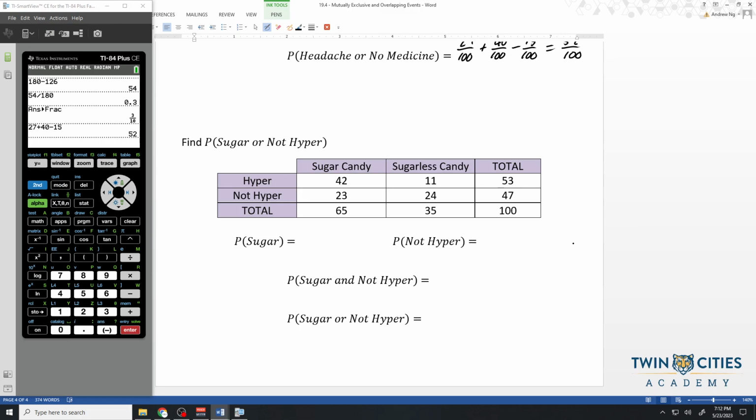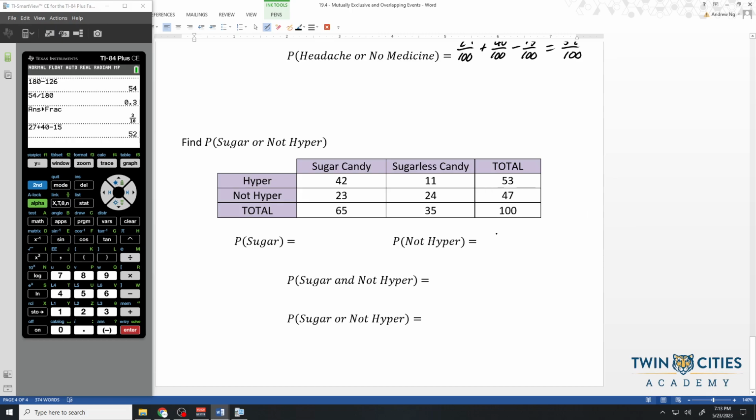Some of them are going to get candy that has sugar in it, and some are going to get candy that is sugarless. And we want to know, after they've eaten this candy, does their behavior change at all? So in this study, we give them candy, and do they get more hyper or are they not hyper?